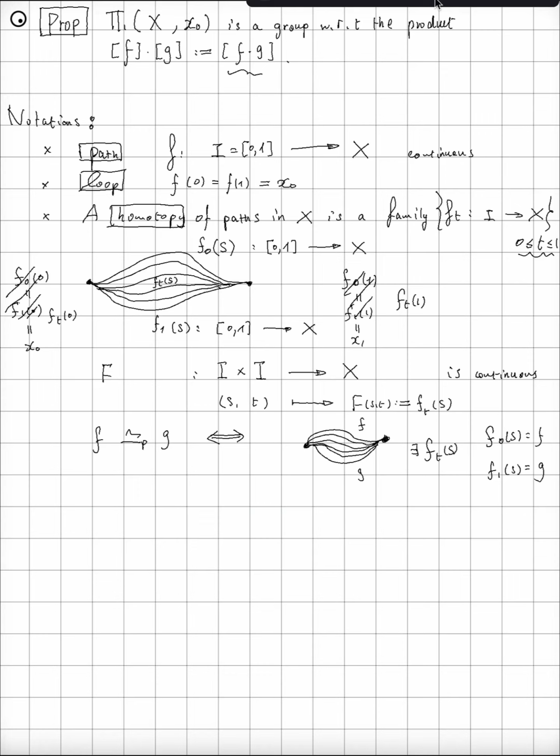Okay. And then one can show that this is an equivalence relation, and then we define the equivalence class with representative f, denoted by [f], and call it the homotopy class of f.